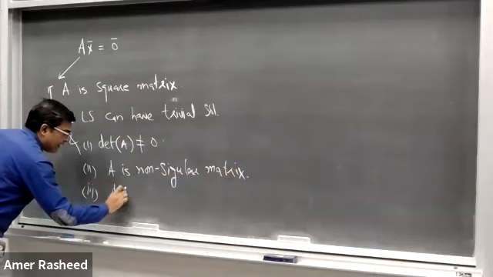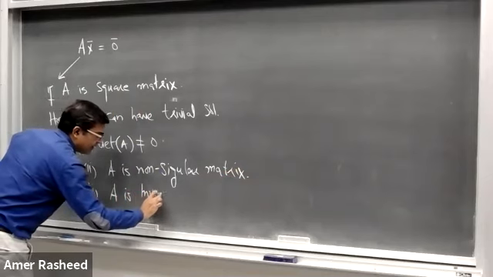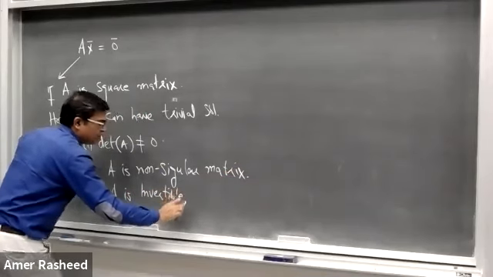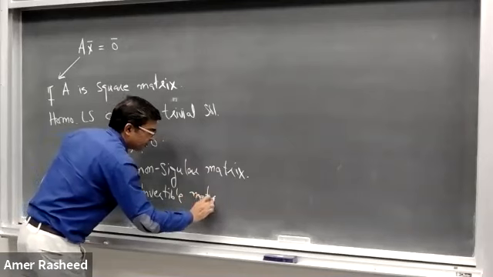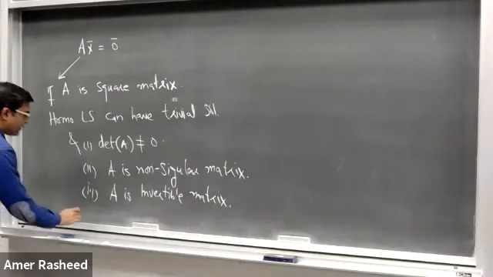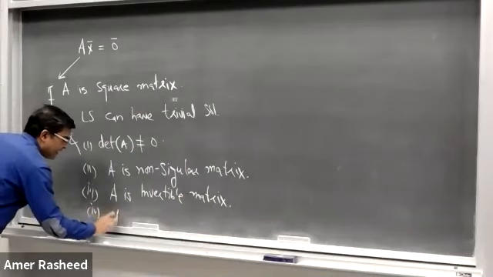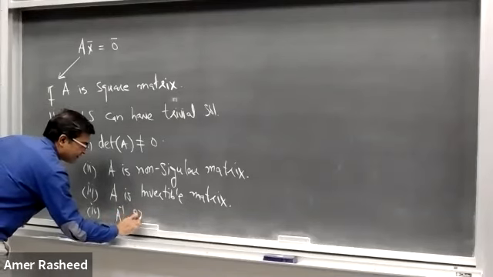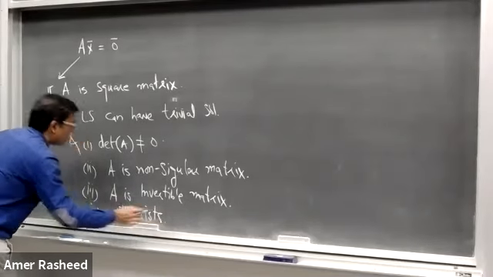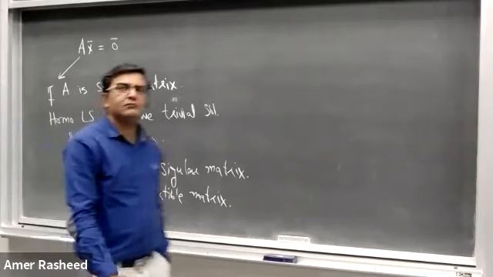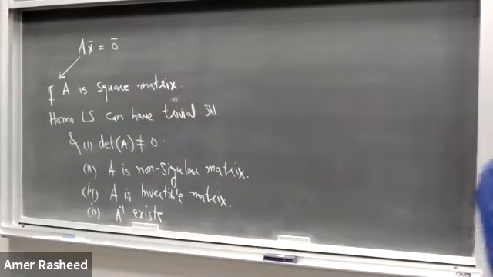Third, A is an invertible matrix. Or the fourth condition is A inverse exists. All these four things are the same.